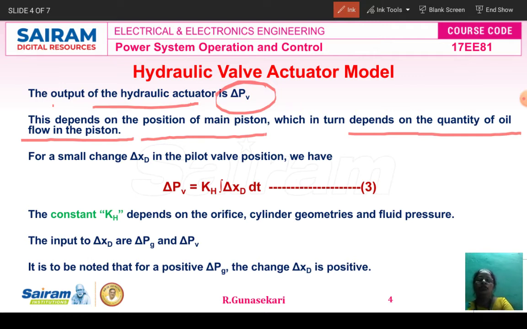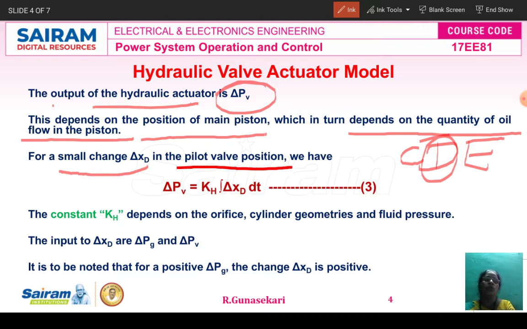Now suppose a small change del XD. XD refers to the link CDE, pivoted at D. For a small change del XD in the pilot valve position, because the pilot valve position is related to the movement of the main piston, the valve power, that is the output of the hydraulic valve actuator, del PV equals KH integral del XD dt.